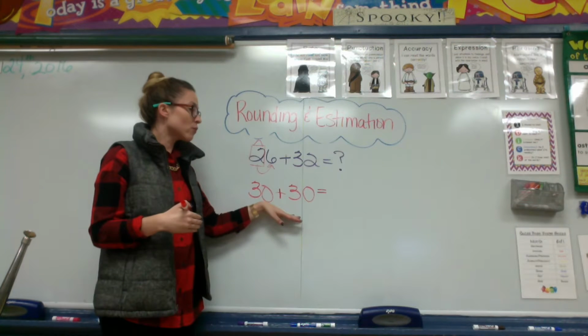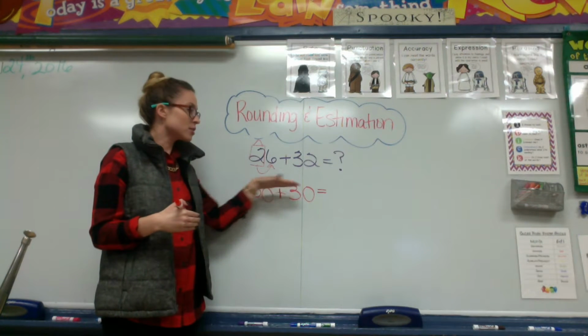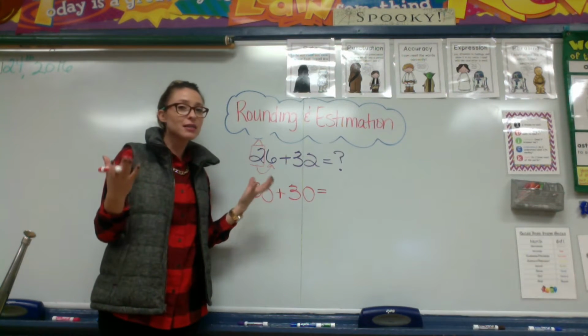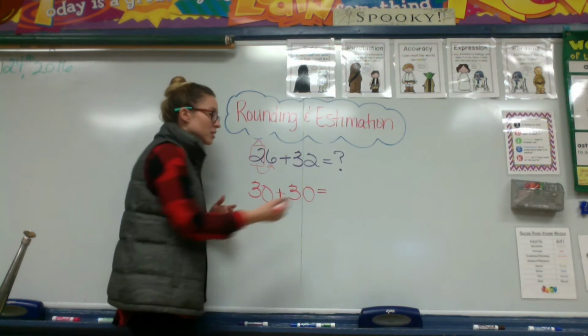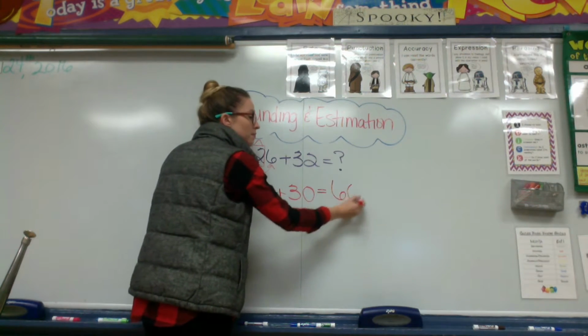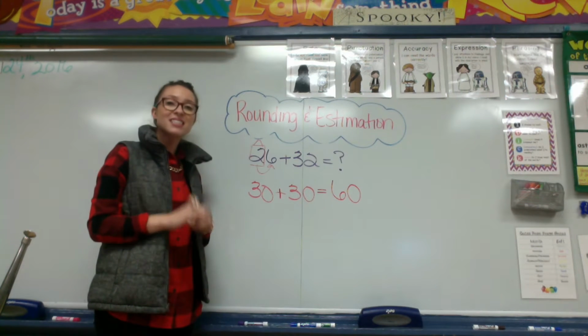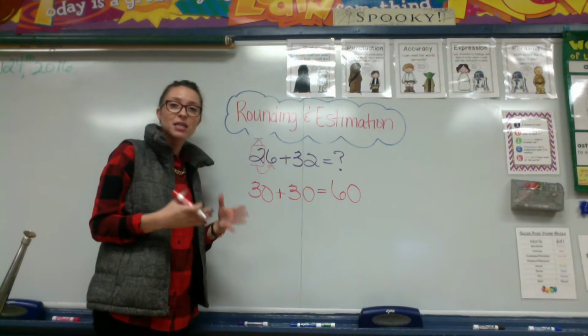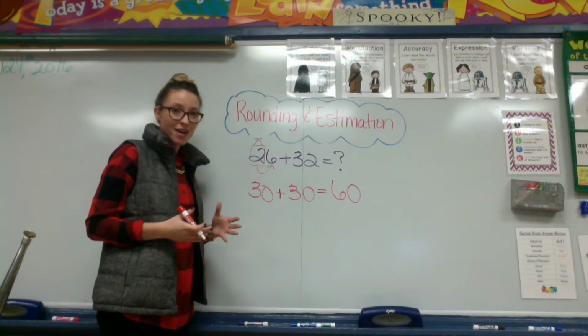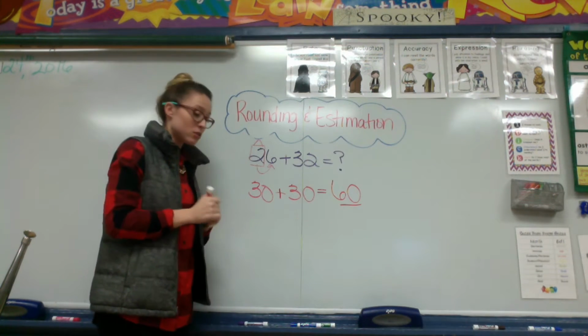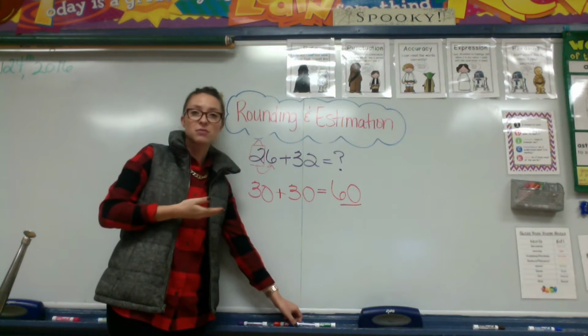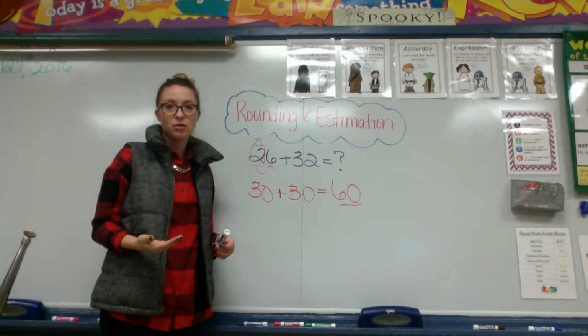Okay, so after we've rounded, we have 30 plus 30, and most students can easily and quickly say that the sum of 30 plus 30 is going to be 60. Okay, so 60 would be our estimated sum. Now we're not done yet, because what we need to do is now find the actual answer to make sure that our estimate is what we call reasonable.